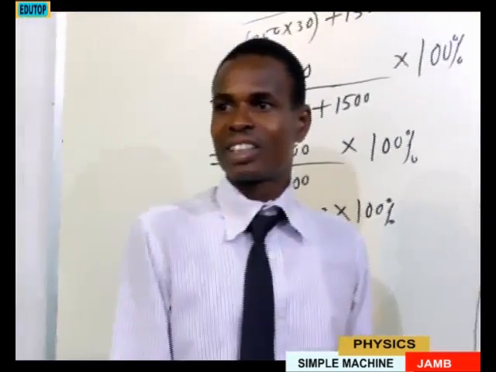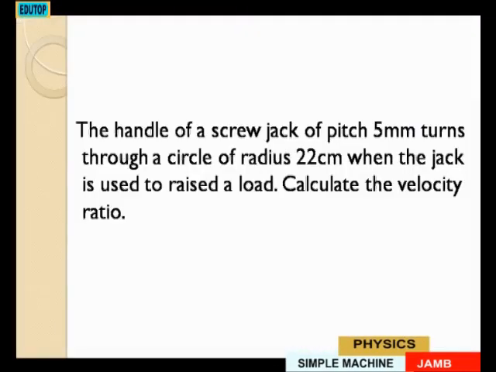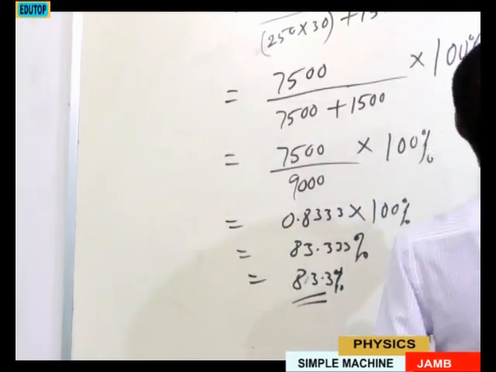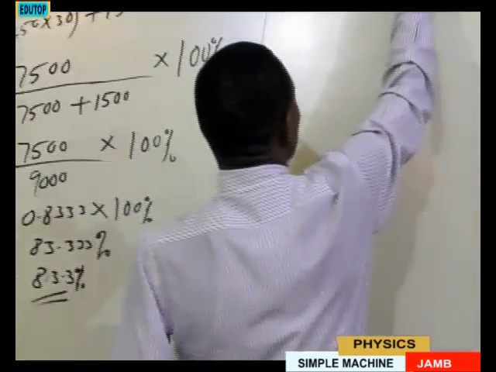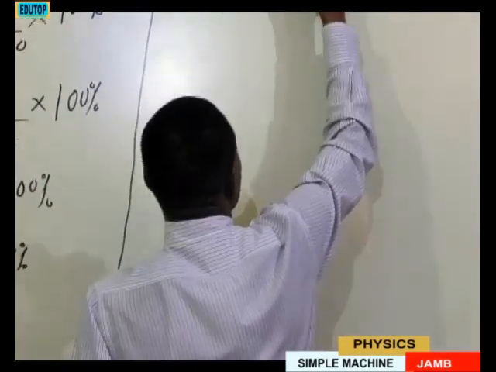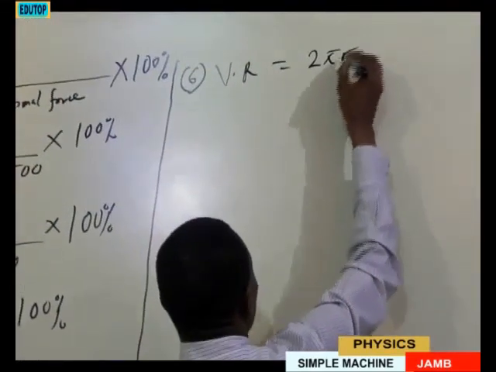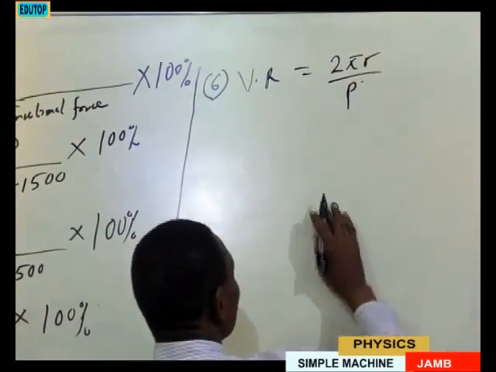Question number 6. The handle of a screw jack of pitch 5 mm turns in a circle of radius 22 cm when the jack is used to raise a load. Calculate the velocity ratio. The velocity ratio of a screw jack is equal to 2 pi r divided by p.